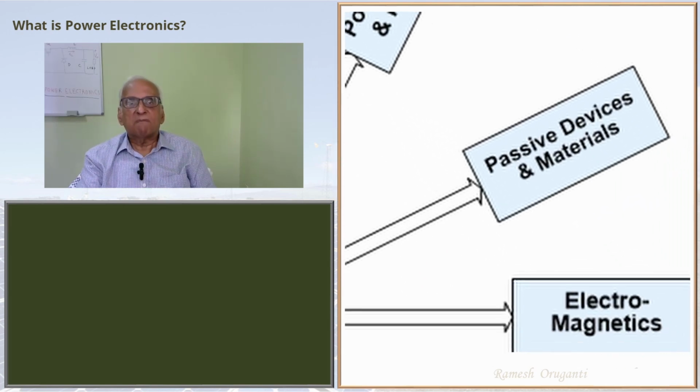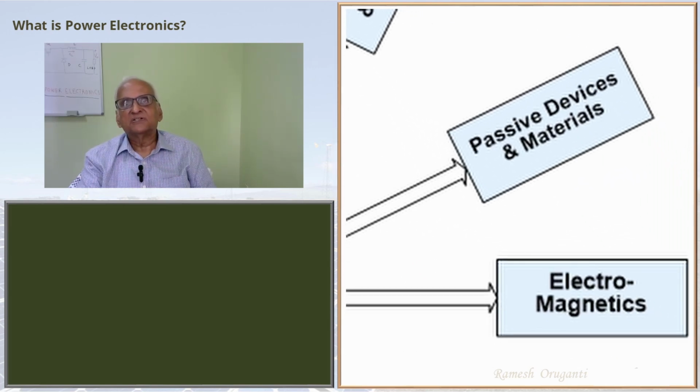Next, you may notice passive devices and materials. All power electronic circuits, or most of them, will be using capacitors, inductors, and some of them will be using transformers also. These passive components are designed or chosen especially for power converter applications to handle the voltage, the current, the power, frequency, etc. The materials used in them, the power electronics engineer has to be knowledgeable about them.